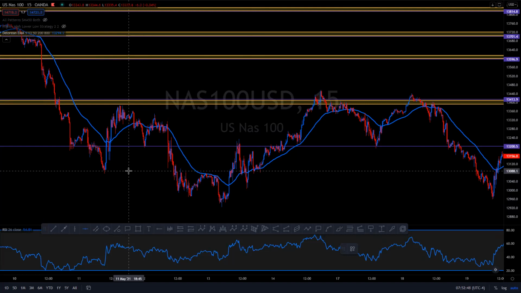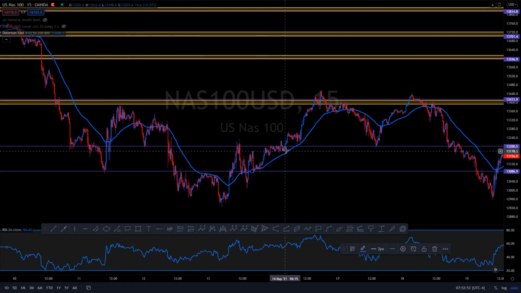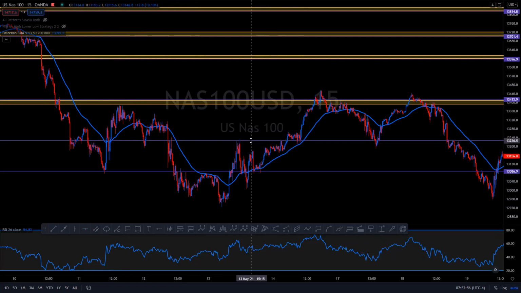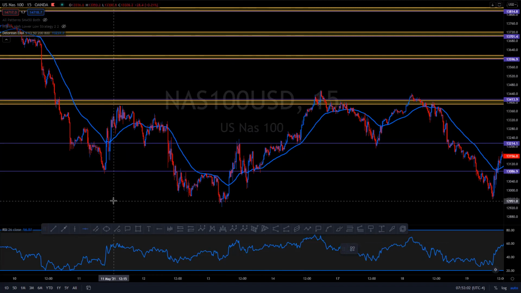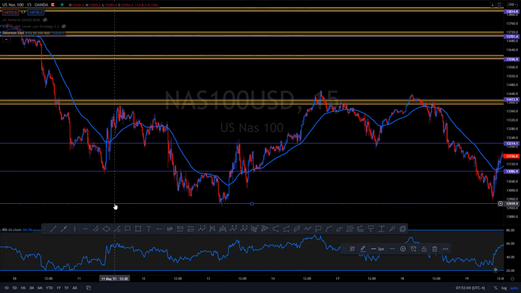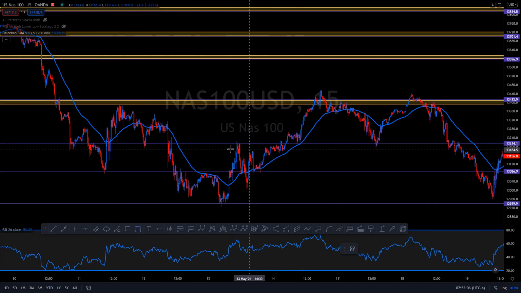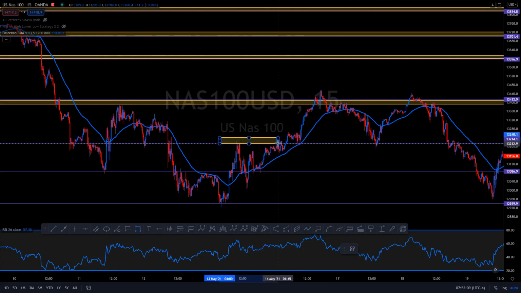See a little wick action here. I could raise this up to up here with a wick action here. And then down here. So these are all my zones here.